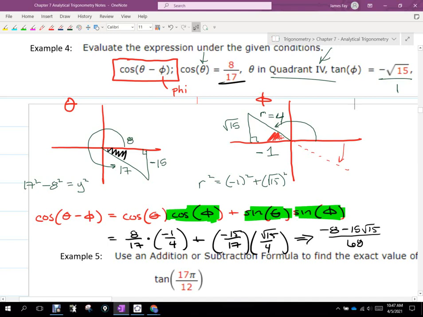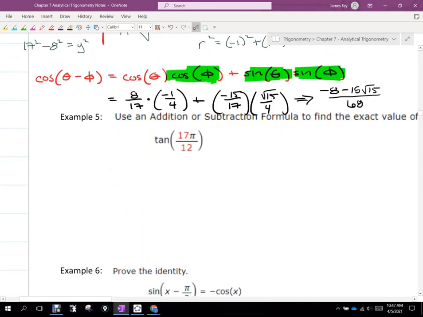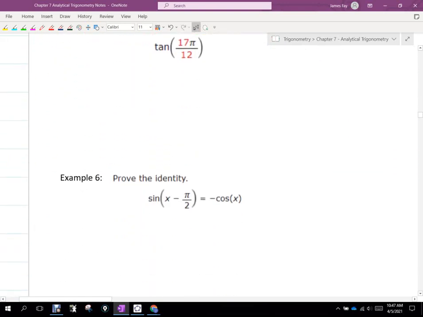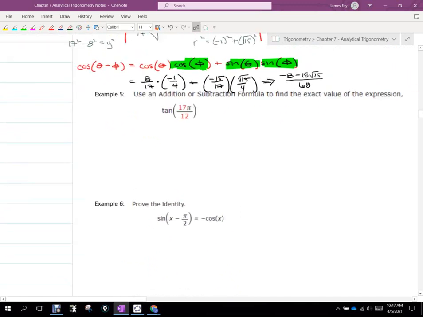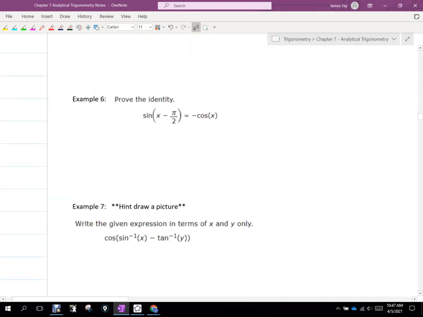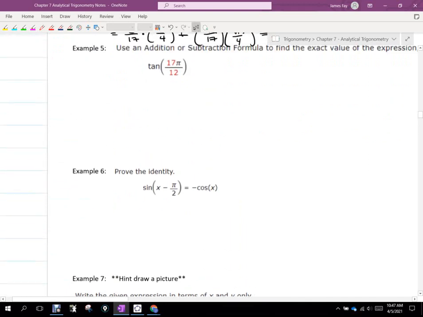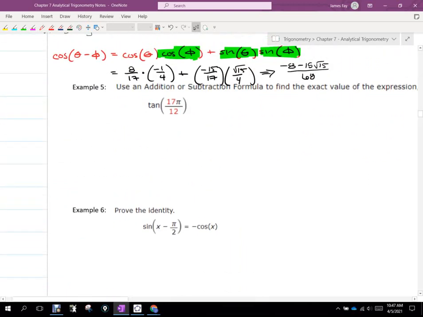That's as far as we got in the last class, and we only have about 4 or 5 minutes left anyways. These proofs, guys, these other examples, we will do this one tomorrow. But example 5 and example 6, my hope is that you see that those are very similar to what we've already done.